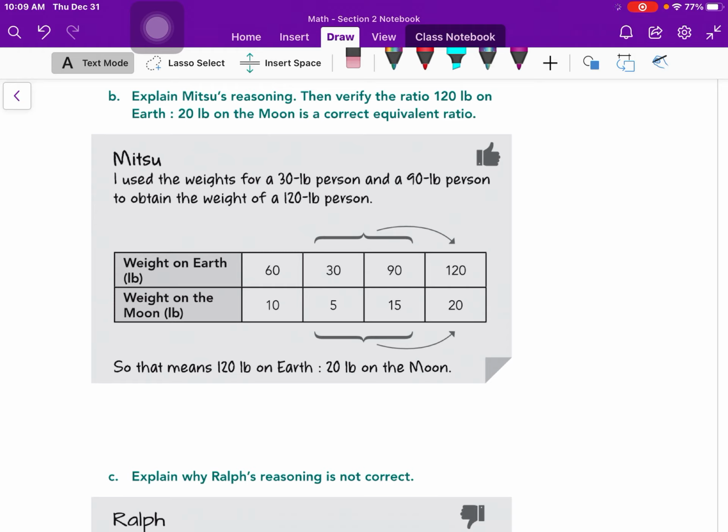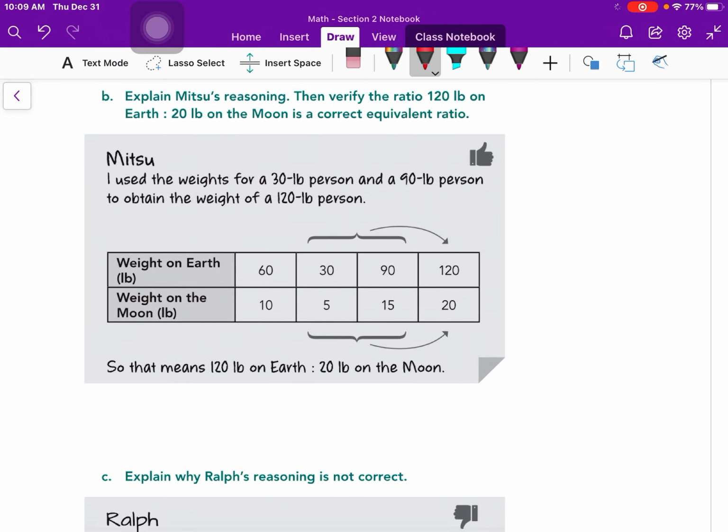Explain Mitsu's reasoning, then verify the ratio 120 pounds on Earth to 20 pounds on the moon is a correct equivalent ratio. Let's see what Mitsu did. I used the weights for a 30-pound person and a 90-pound person to get the weight of a 120-pound person. So that means 120 pounds on Earth is 20 pounds on the moon, because they put together a 5-pound person and a 15-pound person.